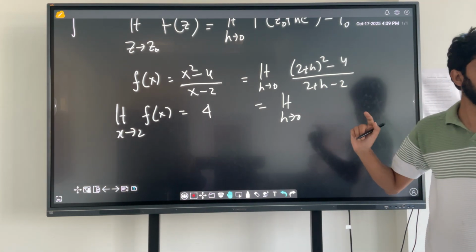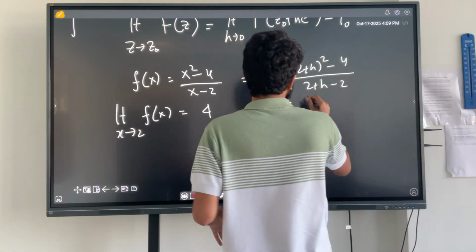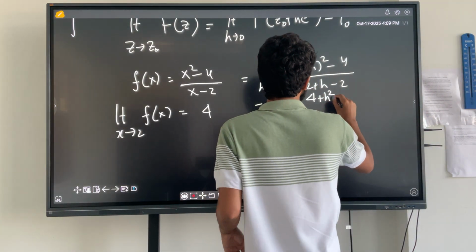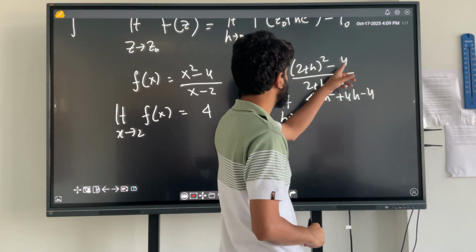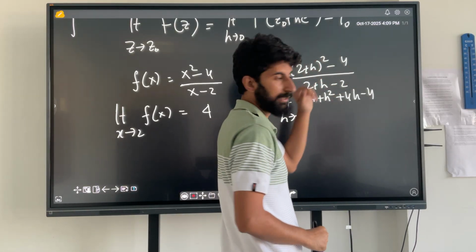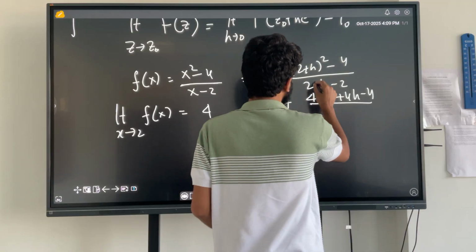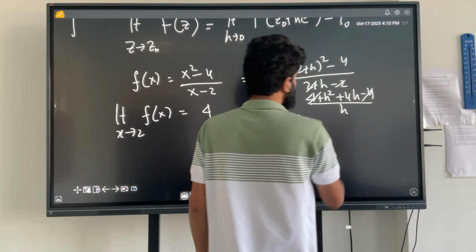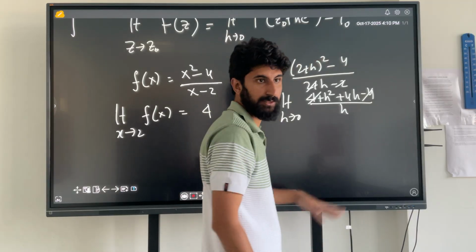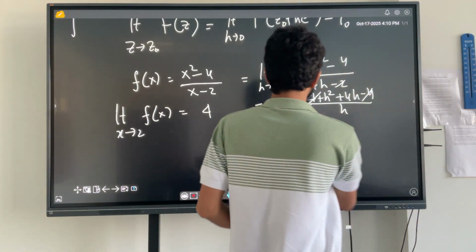What is this? 4 plus h square plus 4h minus 4, using the a plus b whole square expansion. The 2 and 2 will go, the 4 and 4 will go, and h square I ignore because I am working with this.